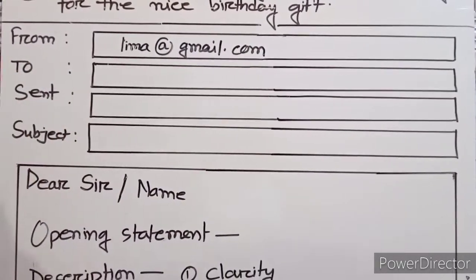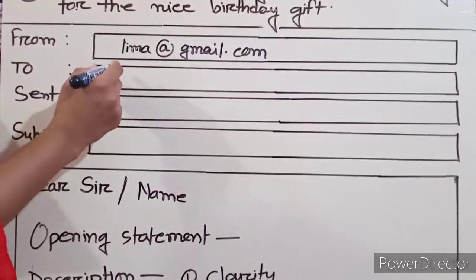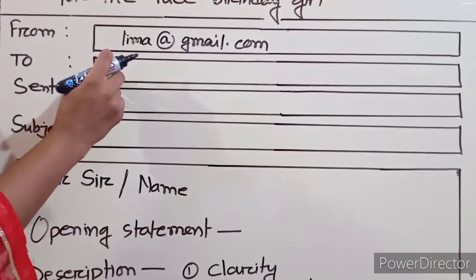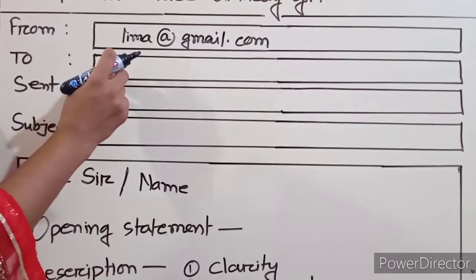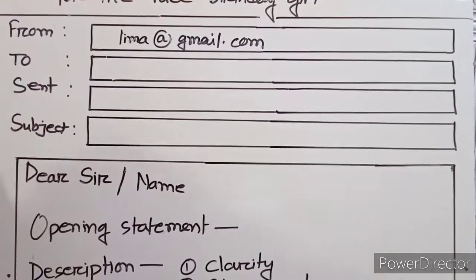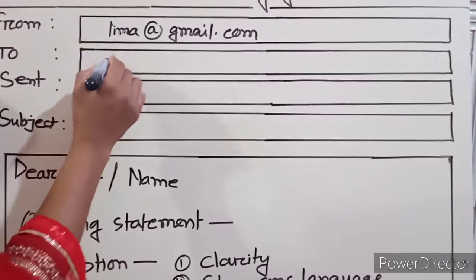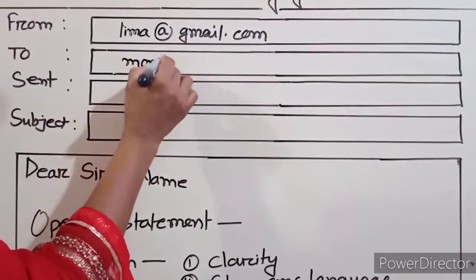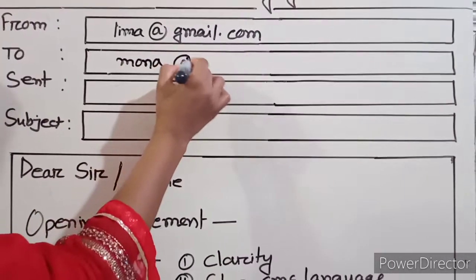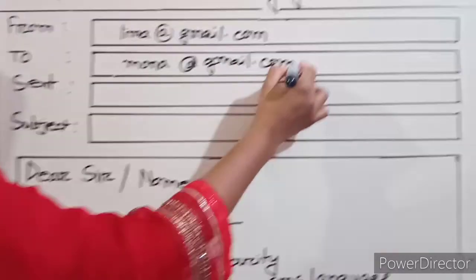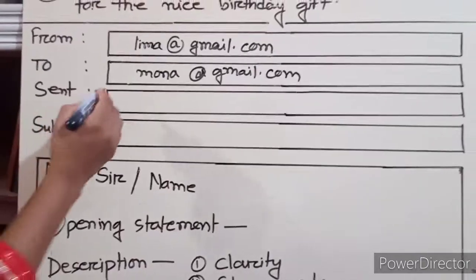Next portion is To. In this portion, the sender will write the receiver's email address. At the same time, he or she has to write it in small letters. Suppose this is Mona. So here is for you. Next, Sent.